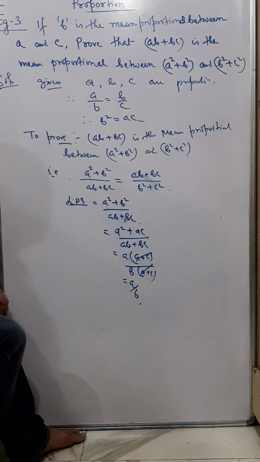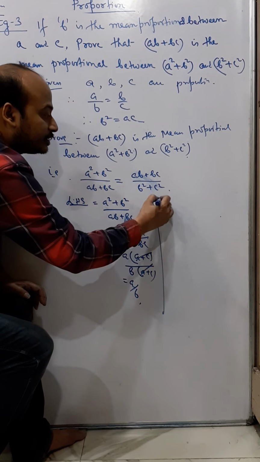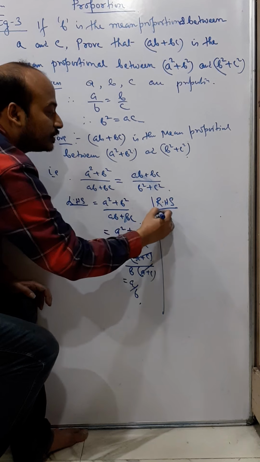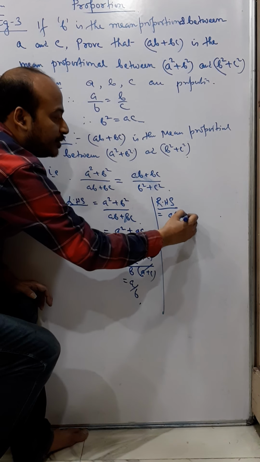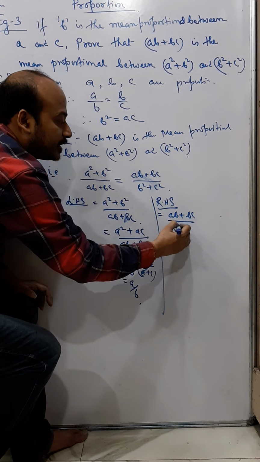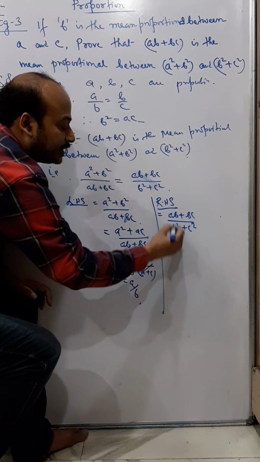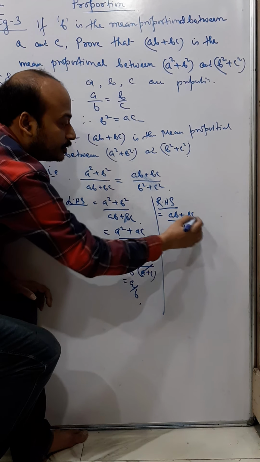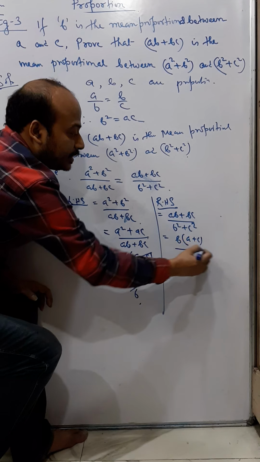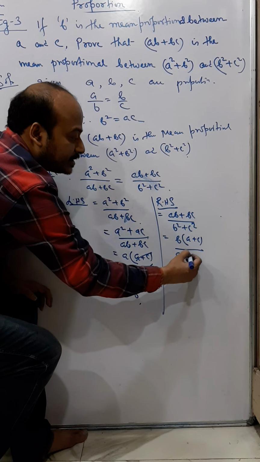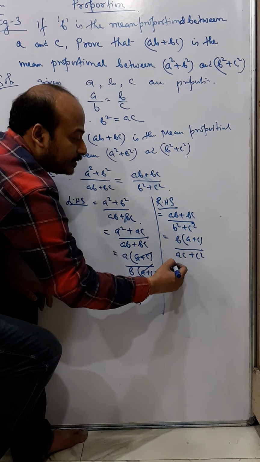So what I got? A by B. Now in case of right hand side, AB plus BC by B square plus C square. Again we can take B common. We get A plus C. Here in place of B square we can put AC plus C square.